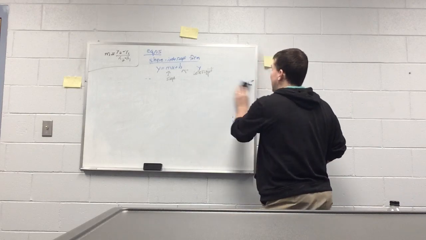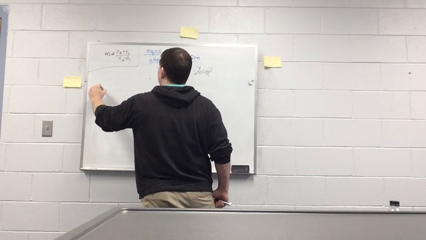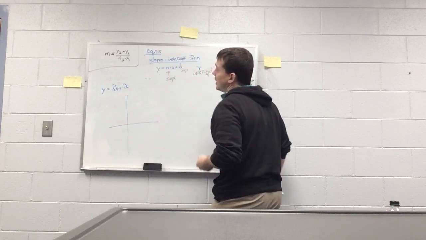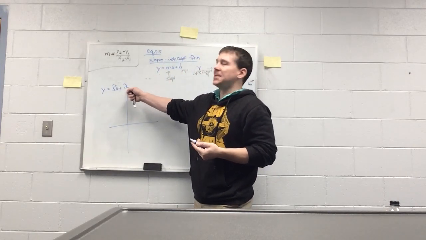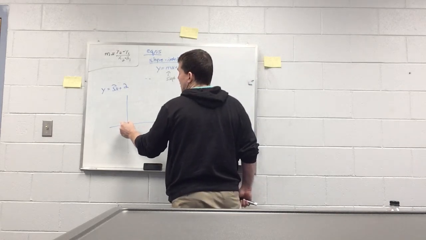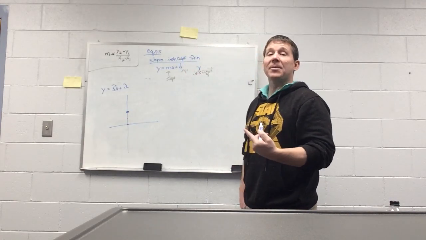But now, to see how we use this, suppose we have the equation y equals 3x plus 2. I want to graph it. I start by plotting the intercept. I know 2 is the y-intercept, so I start right at the origin and I go up 2. Now I have a point.